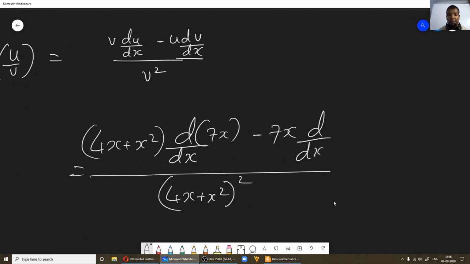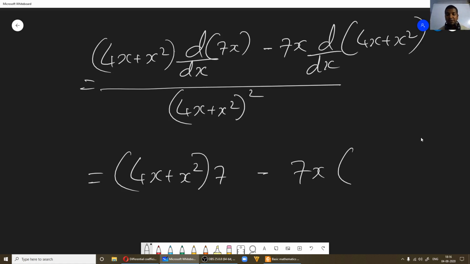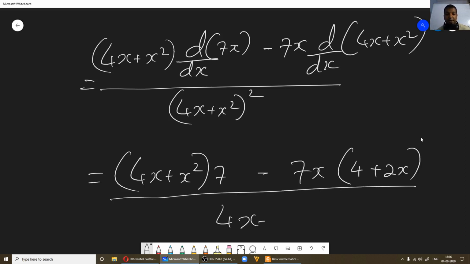So finally we have 4x plus x square times 7 minus 7x times, now the differentiation of 4x will be 4, and the differentiation of x square will be 2x, so the whole thing divided by 4x plus x square the whole square.